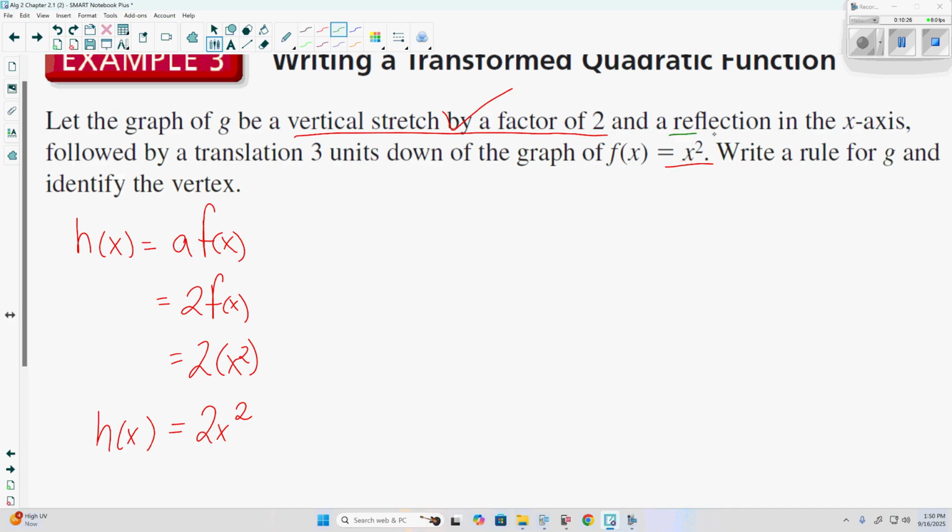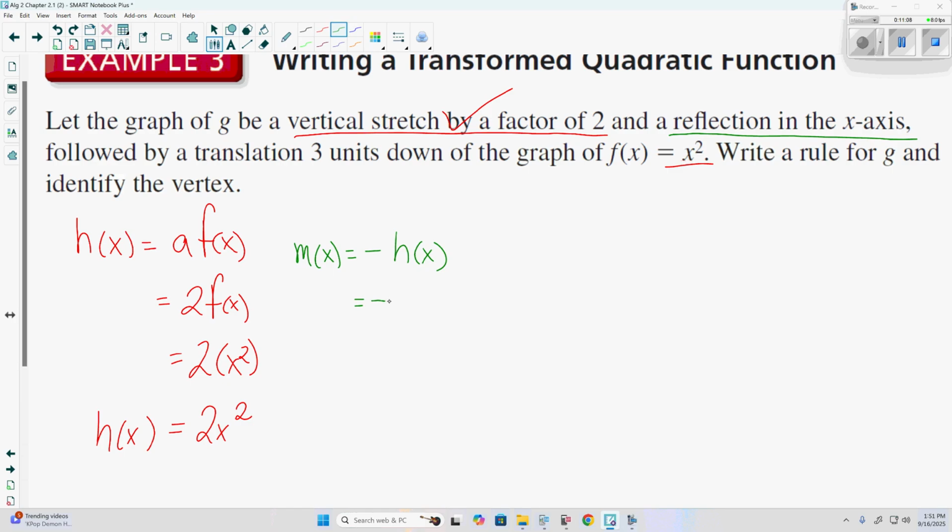Our next transformation is a reflection across the x-axis. The general form for reflection across the x-axis is negative f of x. But since we're applying it to h of x, we're just going to say that we have negative h of x. So reflection across the x-axis is our negative h of x.